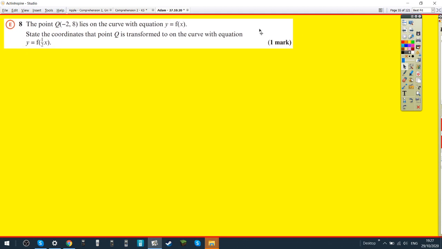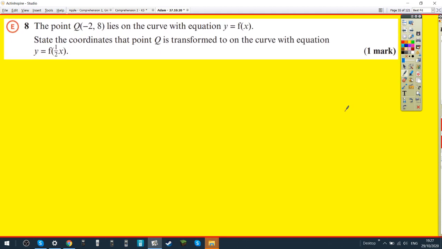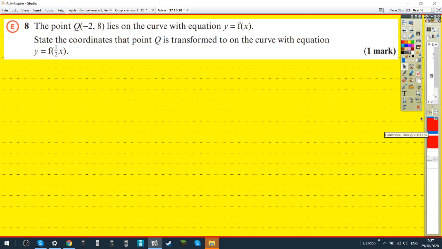Okay, how about this? So it'll be minus 2, 16. You're thinking of if the half was outside the bracket, not next to the x. Oh, I keep forgetting.